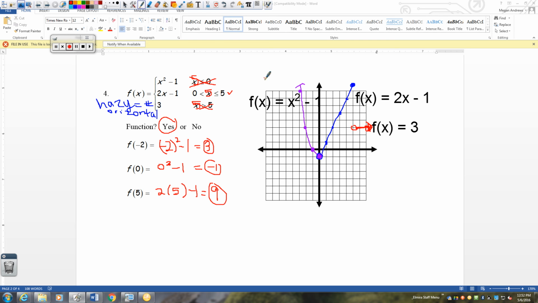So lots of good things to see in this question. And remember that if you have f of x equaling a number, that means a horizontal line. It starts on the domain number and follows the y value of that. So we started on 5 because that's my x value, and the f of x is 3, so we go to the 3 and start there and go across.